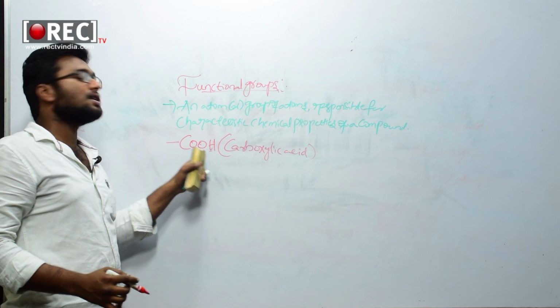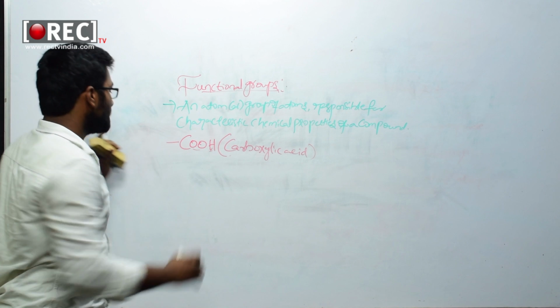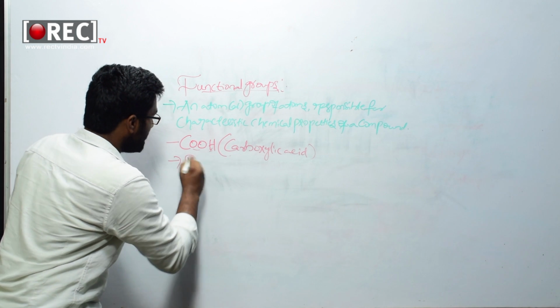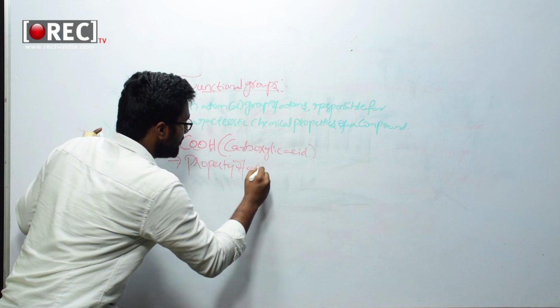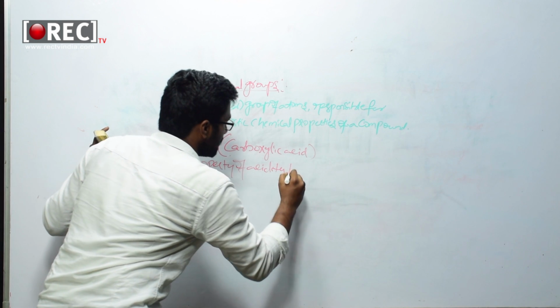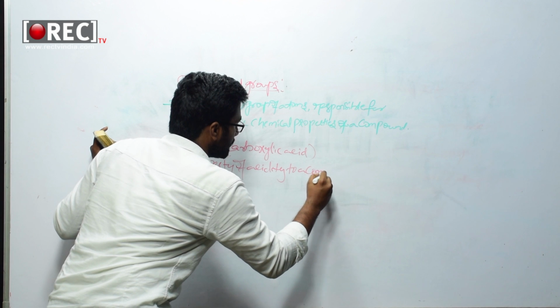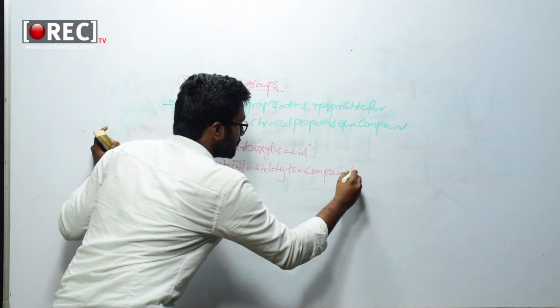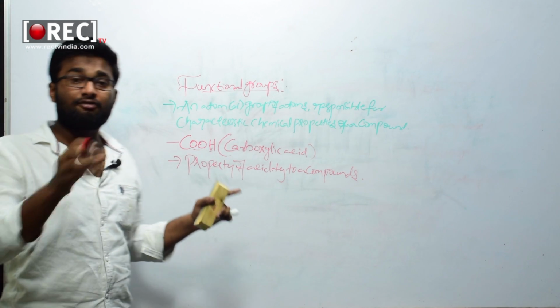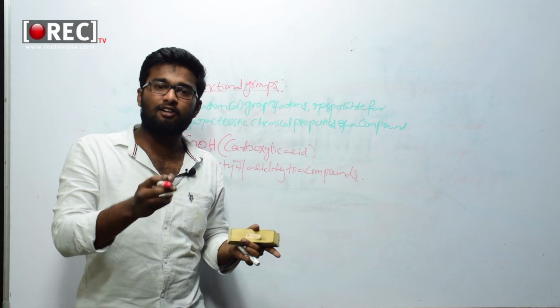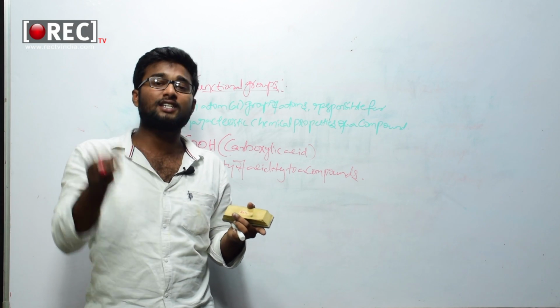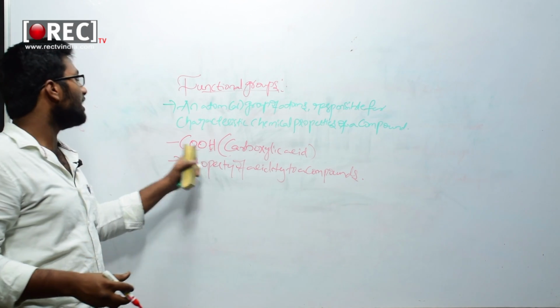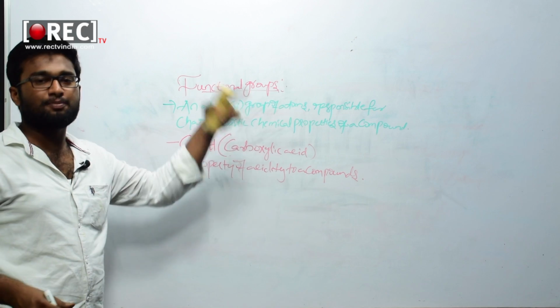This is called the carboxylic acid group, which gives the property of acidity to a compound.